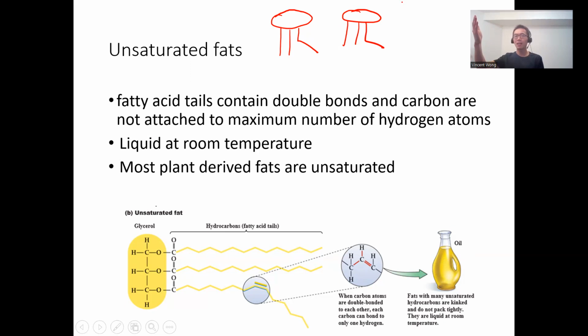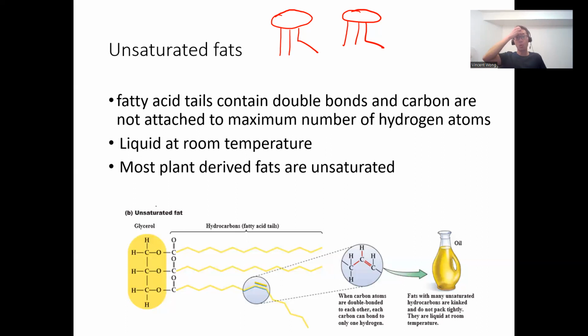Think back to the analogy. If I ask you to line up at the front of the room and you're sticking your arm out, like just stay away, social distancing, then you cannot get very close. So when the molecules can't get very close, it's going to be liquid at room temperature. They don't tend to pack as closely, so they don't tend to build up as easily in your bloodstream, and it's the relatively healthier choice of fat.